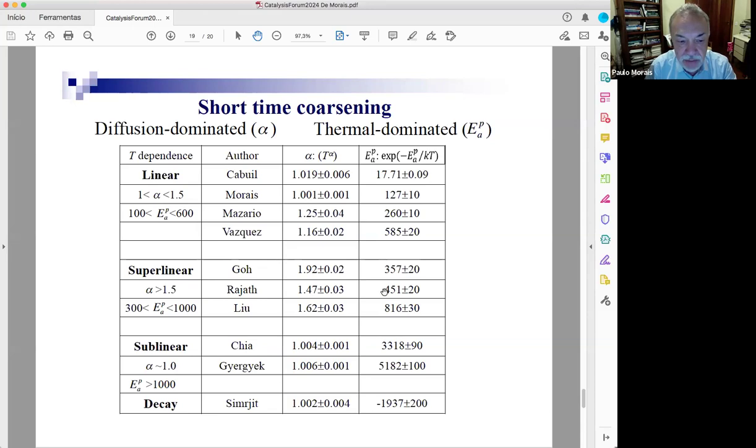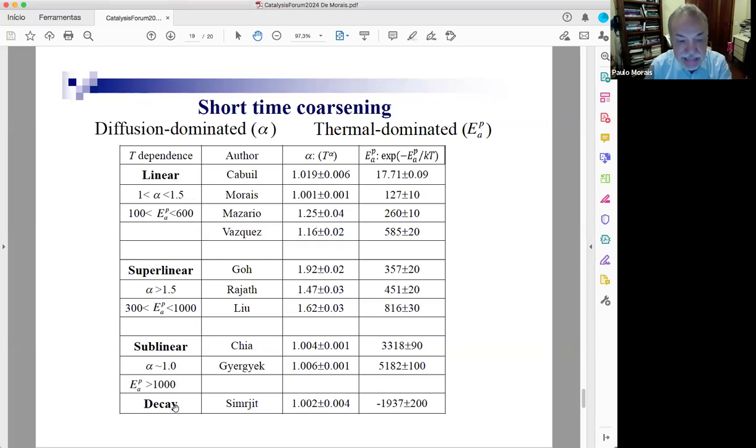And the energy barrier goes a little bit higher than in the linear case, up to 1000. And if you go to sublinear, the scenario is alpha is nearly 1, like some of the linear cases. However, the energy is higher than 1000.